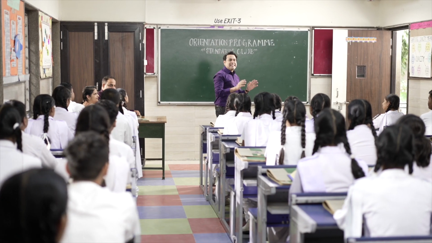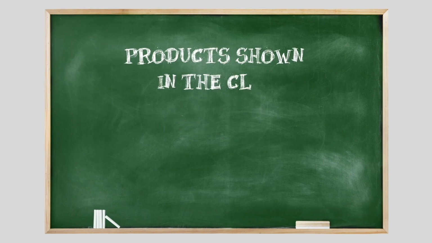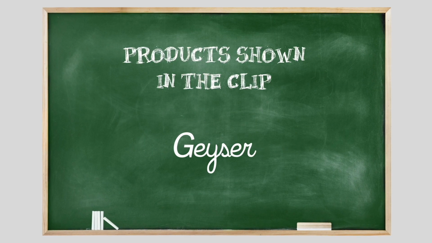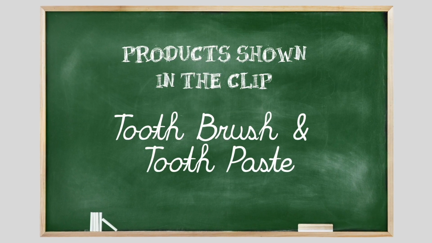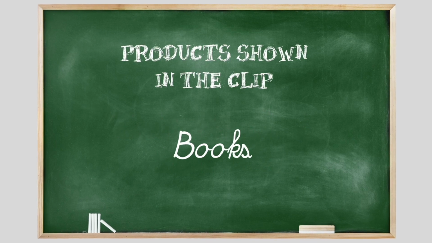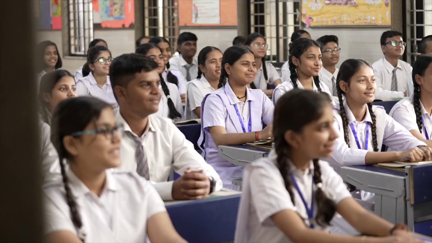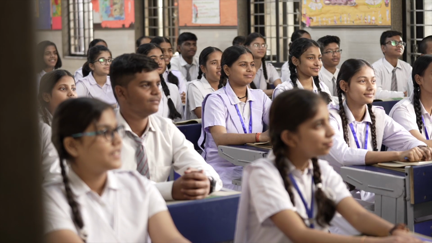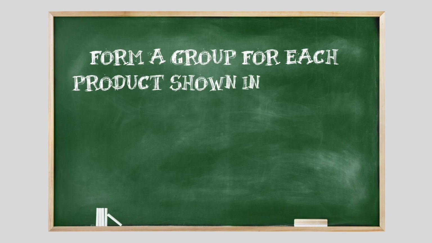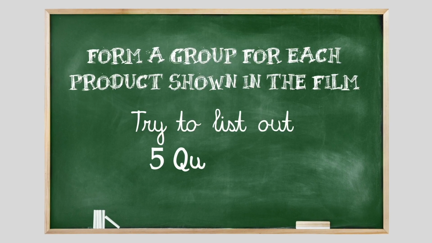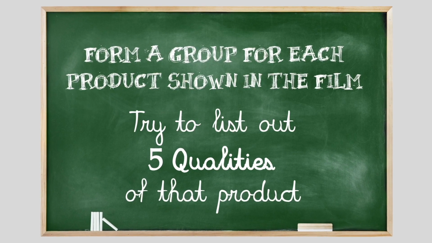So now that you have seen this clip, you must have noticed these products. Okay, so now let us do an activity. Form a group for each product shown in the short film and try to list out 5 qualities of that product.